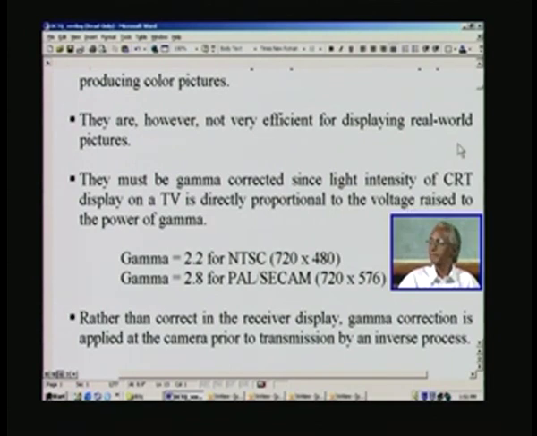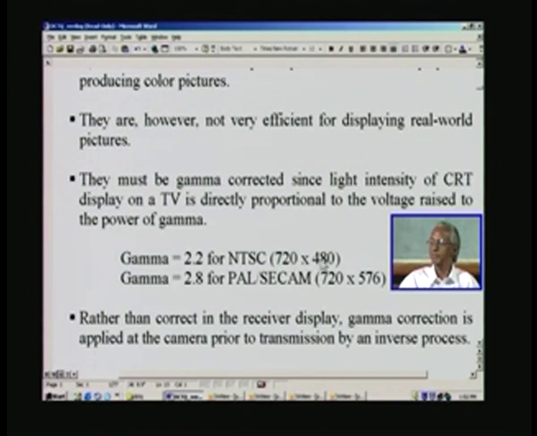So, if you use what is called gamma correction, there is a gamma factor for signals such as NTSC signals. NTSC is for the USA, and PAL and SECAM are for Asian countries and Russia, I suppose, and picture sizes are also given here.